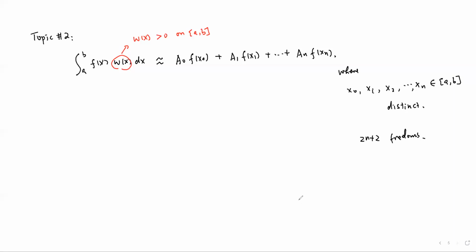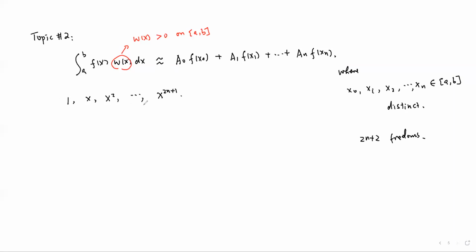So we expect this approximation to be exact for polynomials of degree up to 2n plus 1. The basis polynomials are 1, x, x squared, up to x to the 2n plus 1. So in total, there are 2n plus 2 basis polynomials.